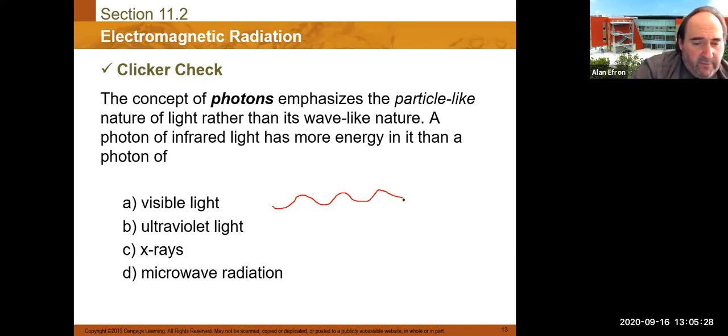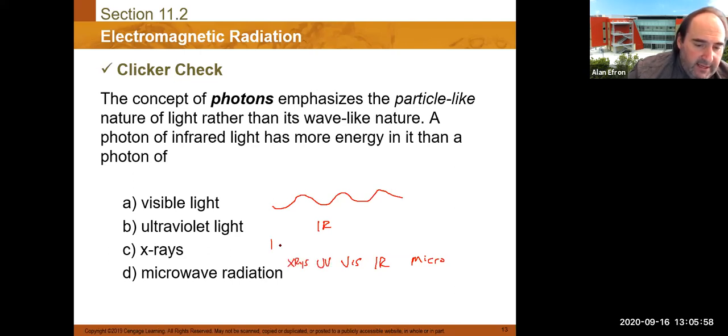So a photon of infrared light has more energy than a photon of, so we're looking at IR, and our choices here are visible, ultraviolet, X-rays, or microwaves. If you remember the order, microwaves would be this way. Then we also have visible here. We have UV, which is ultraviolet, and we have X-rays going this way.